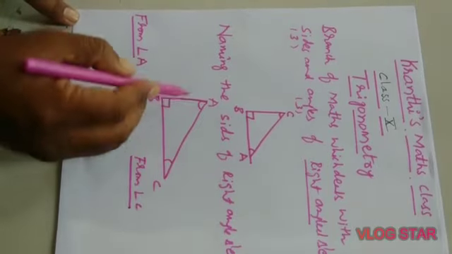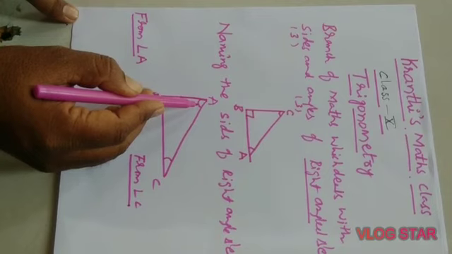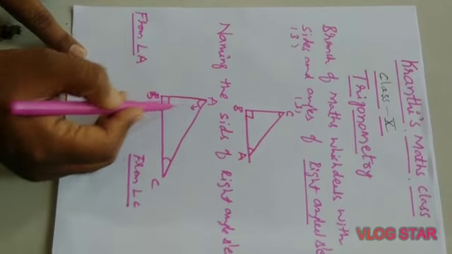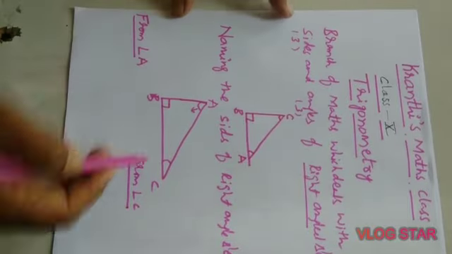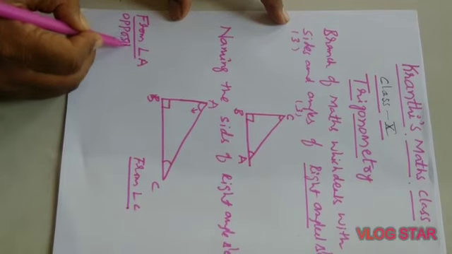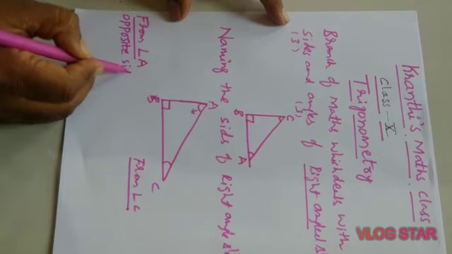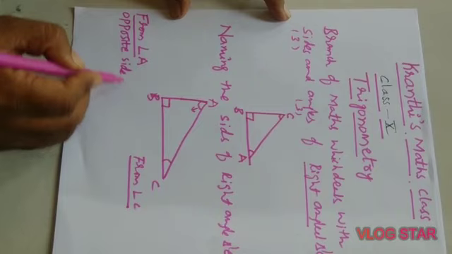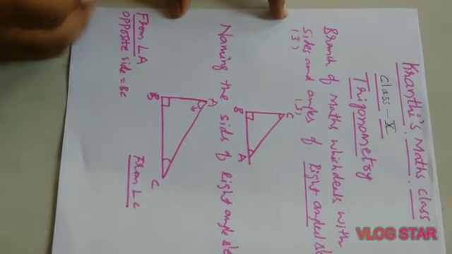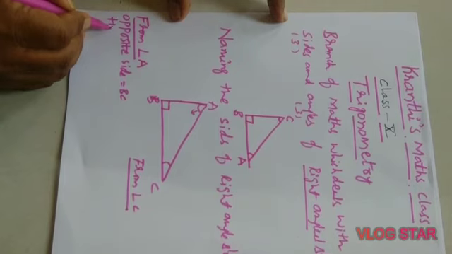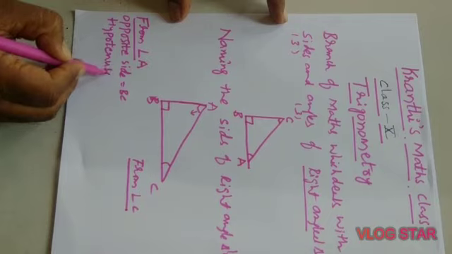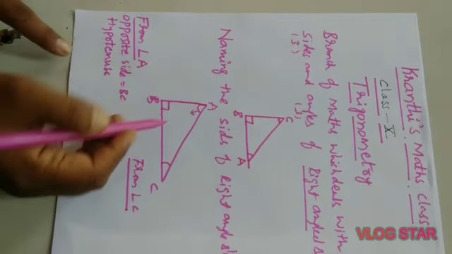From angle A, the opposite side of angle A is BC. Hypotenuse is nothing but the highest length of a side, which here is AC.